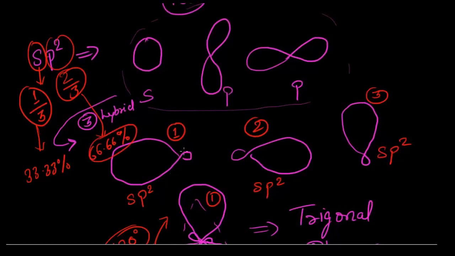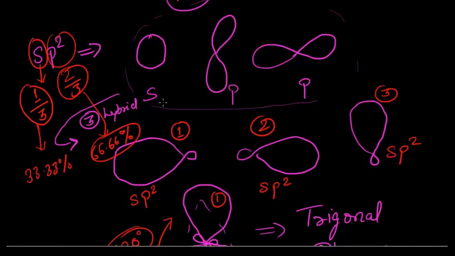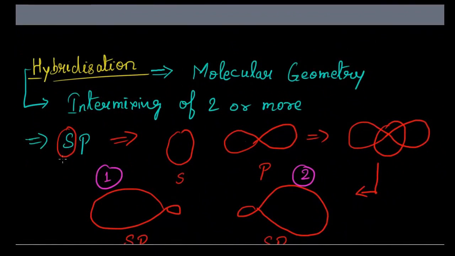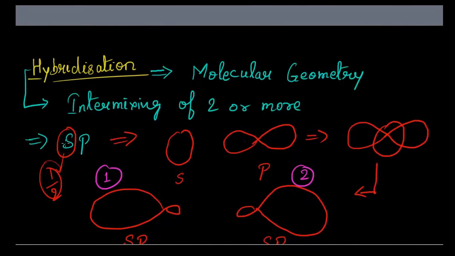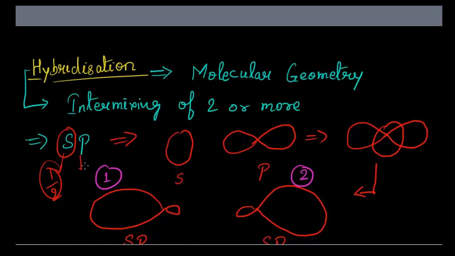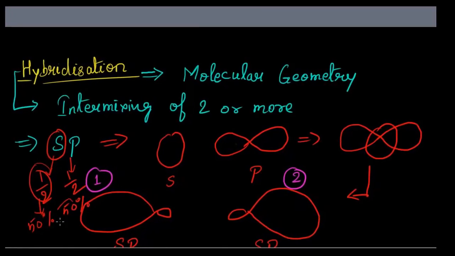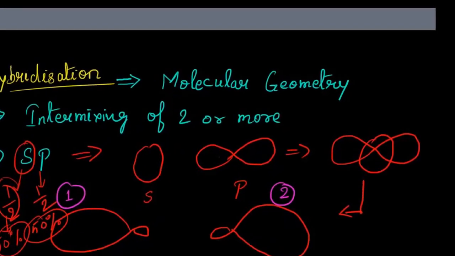So the p character in each hybrid orbital will be 66.66% and the s character will be 33.33%. Similarly, for sp hybridized orbitals it will be 1 by 2, because there is only one s orbital and a total of 2 orbitals, and similarly for p, 1 by 2. So it's 50% s and 50% p.